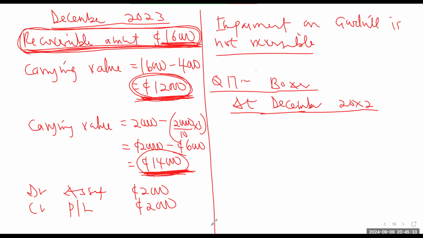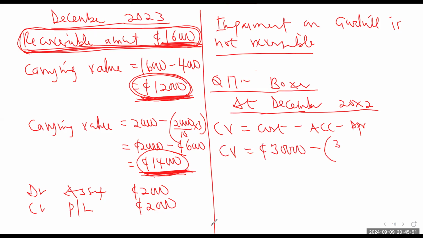We need two items: the carrying value and the recoverable amount. Our carrying value is calculated as the cost minus the accumulated depreciation. The cost is 30,000, isn't it? Our accumulated depreciation will be 30,000 divided by 10 multiplied by 2. Are we okay with that? Yes.